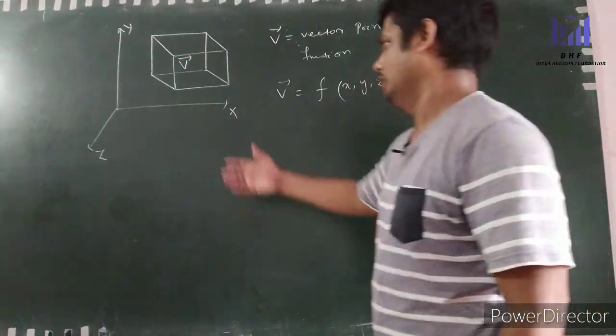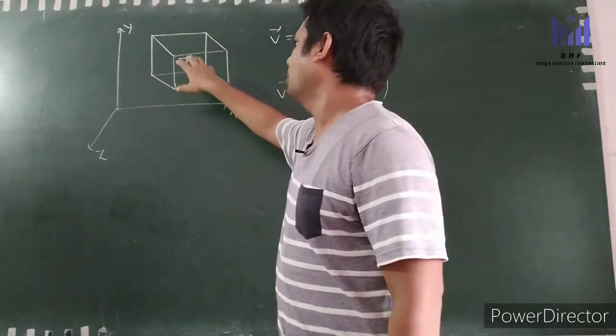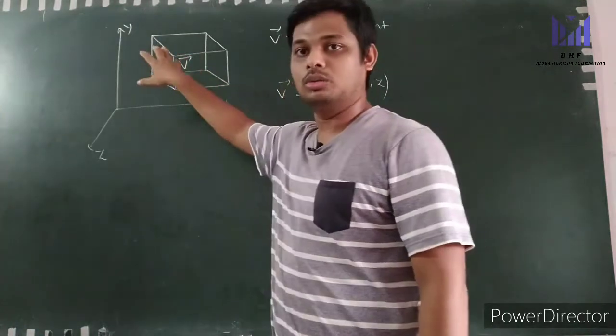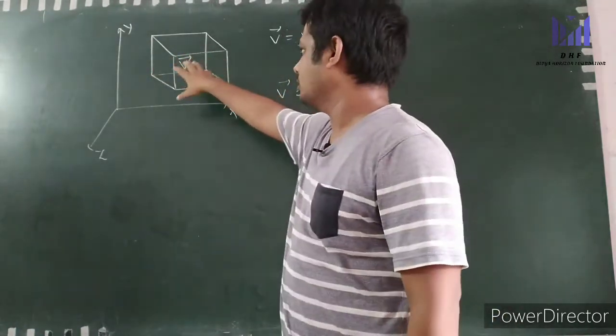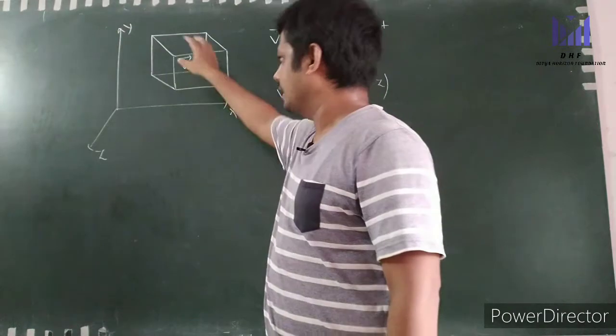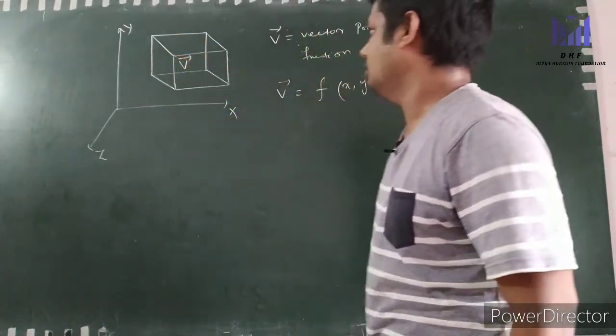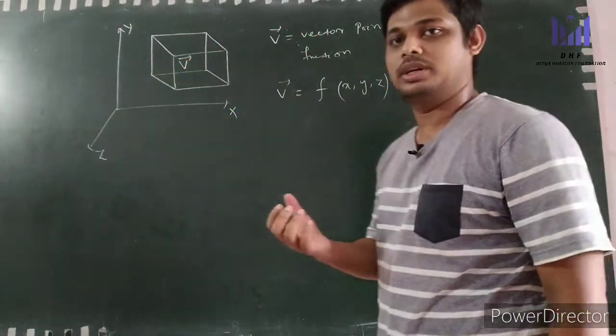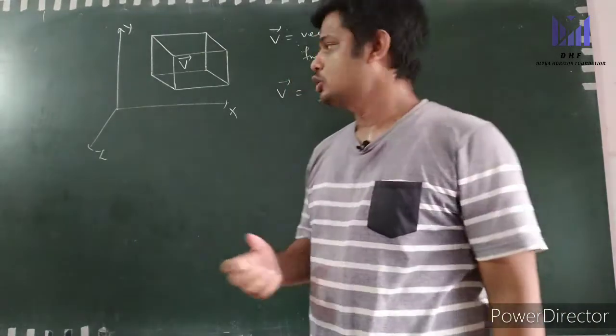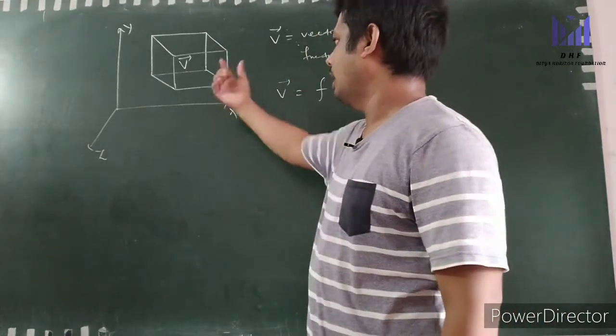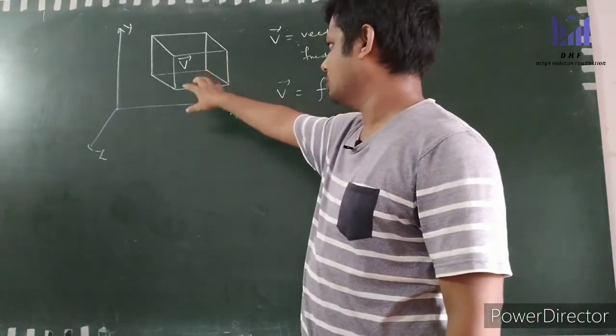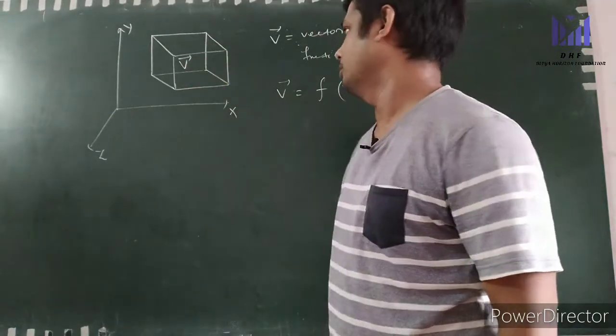It does not mean that the vector point function is constant throughout the volume. The value and direction can change inside the volume, but this change is negligible. So we can assume that the value of this vector point function is almost the same within that volume.